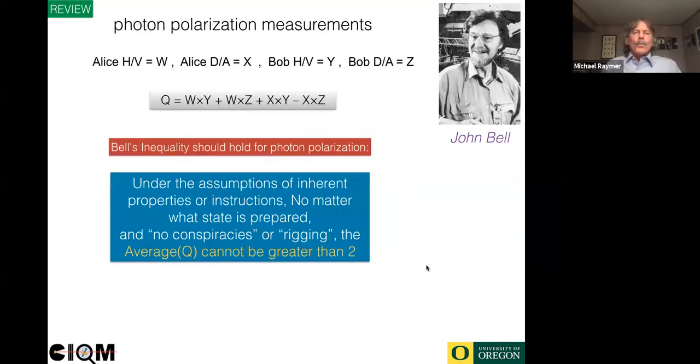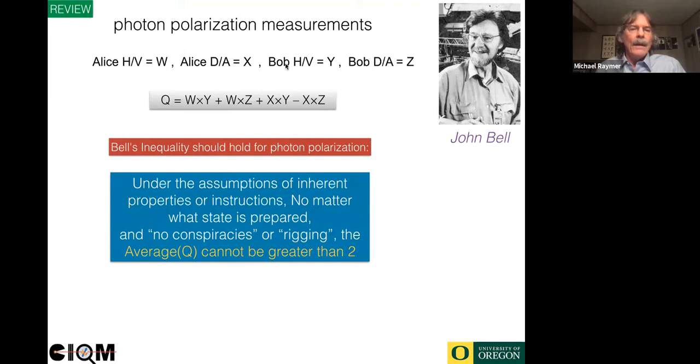Okay, so then we applied this classical reasoning to measurements of photon polarization, where Alice is measuring her photon in either the HV scheme, with plus or minus 1 outcomes called W, or she can measure in the diagonal, anti-diagonal polarization scheme, and she measures a variable called X. Bob can do the same choices in HV called Y or DA called Z. And in particular, Bob can also rotate his HV and DA analyzing system by 22.5 degrees to get an even more interesting result.